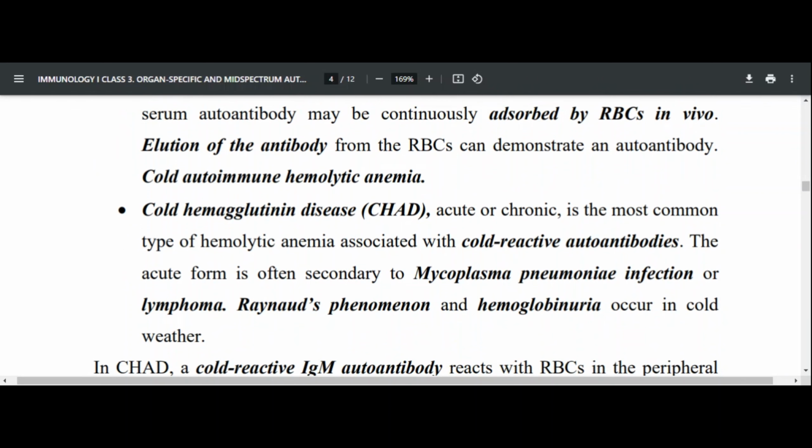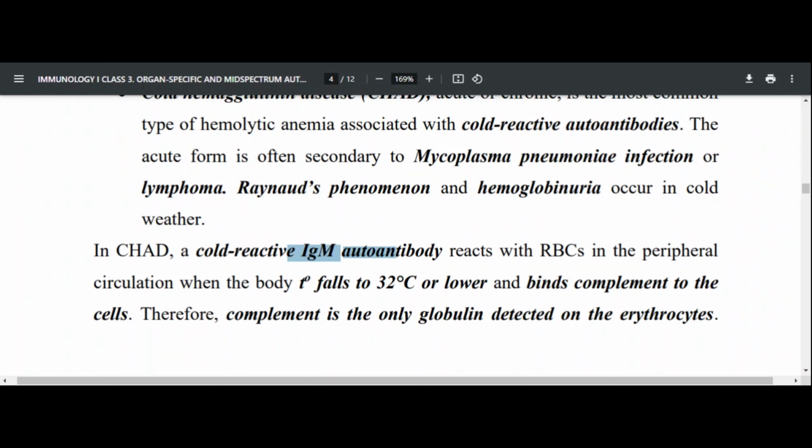Cold antibodies are able to react with RBC in peripheral blood circulation when the temperature falls to 32 degrees, for example in the lower extremities, like limbs, legs, feet, palms of the hands, right? That's where we find this temperature of 32 degrees, at the extremities.